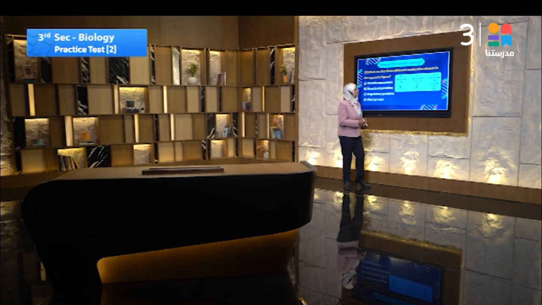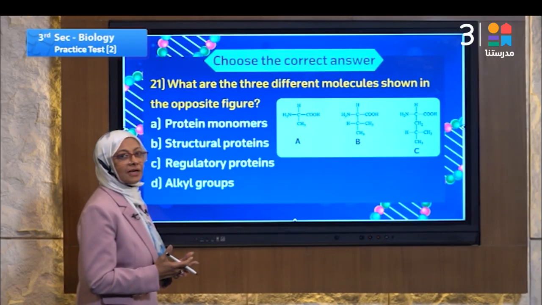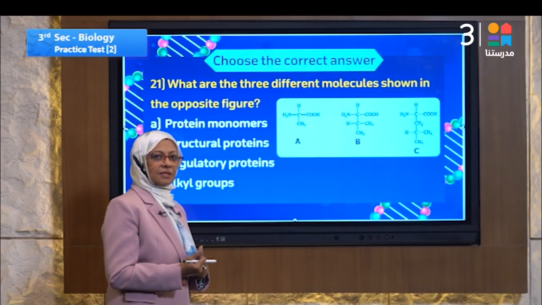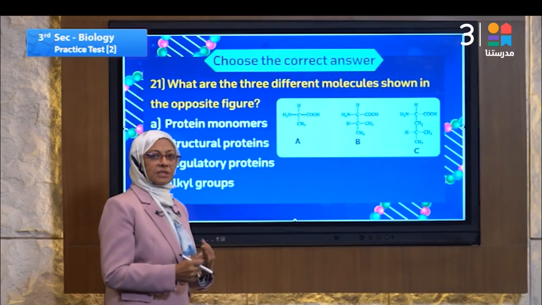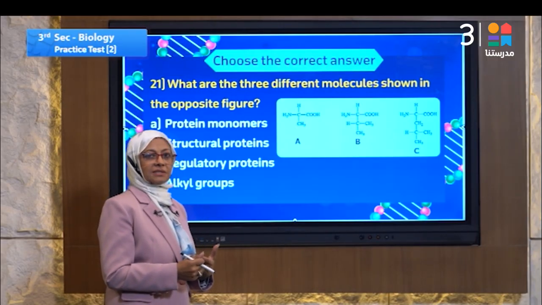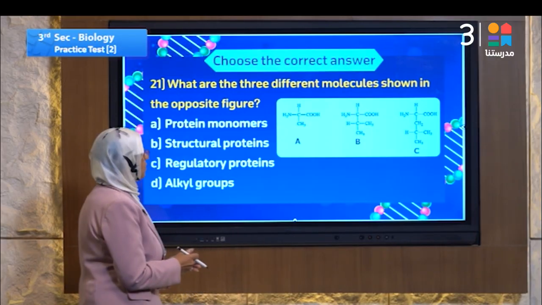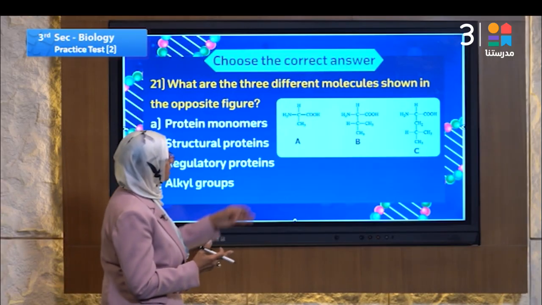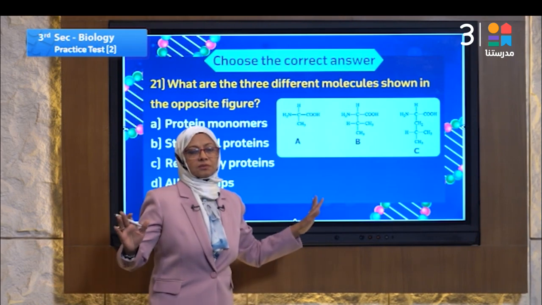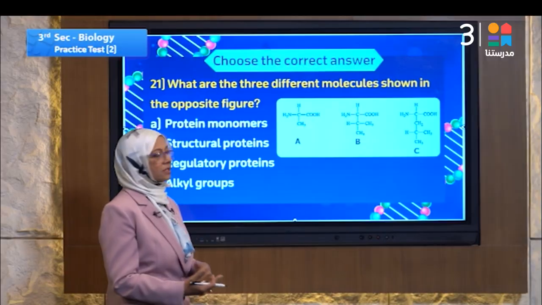Nitrogen is an element specific to organic material. What are the organic materials found in the body of a living organism? They are carbohydrates, proteins, fats, and nucleic acids. There are many organic materials. Let's go back to the structure here: carbon, hydrogen, oxygen, and nitrogen. It's a protein. So let's read the question well and then answer it.